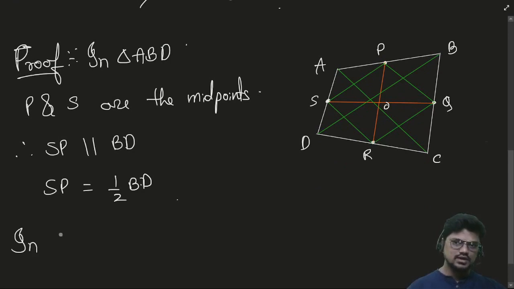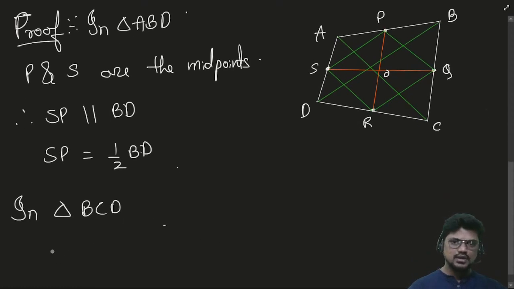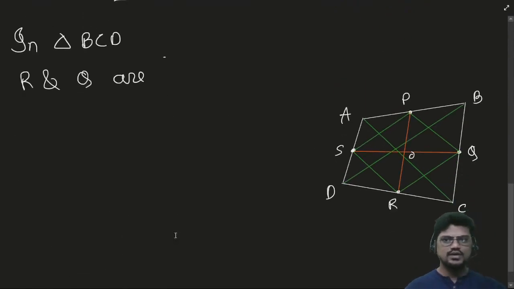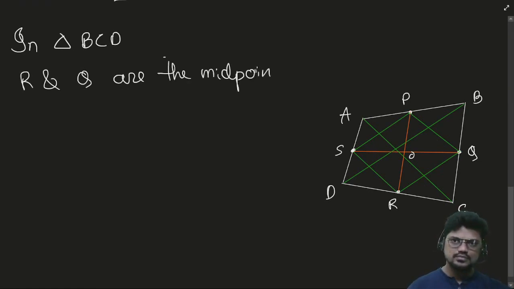Also, in triangle BCD, R and Q are the midpoints.